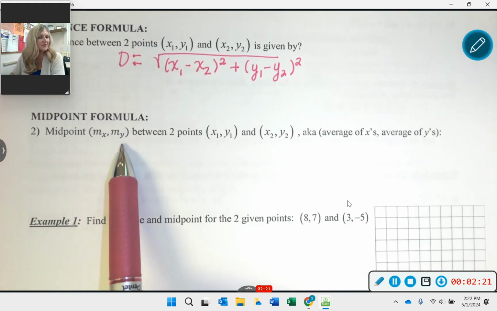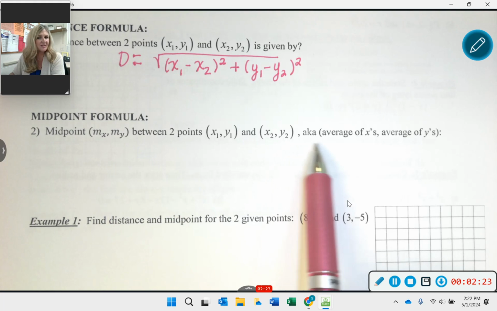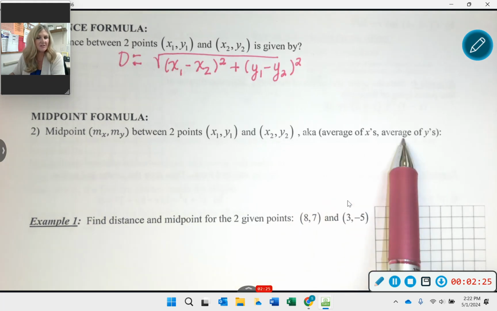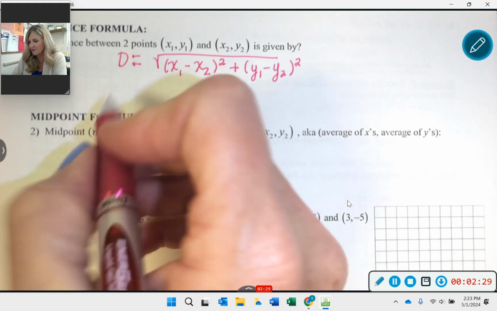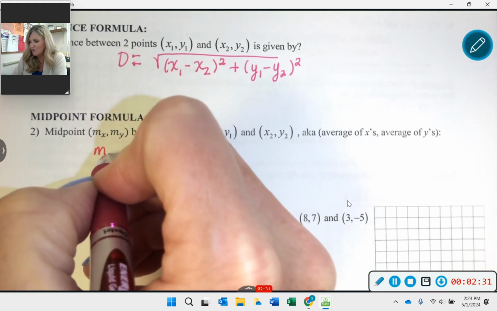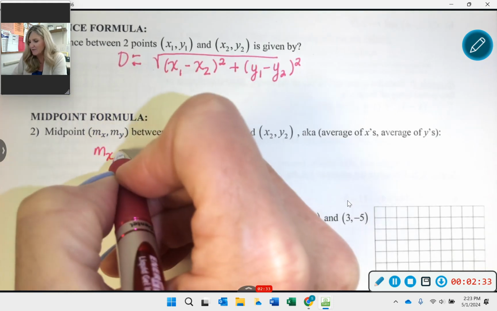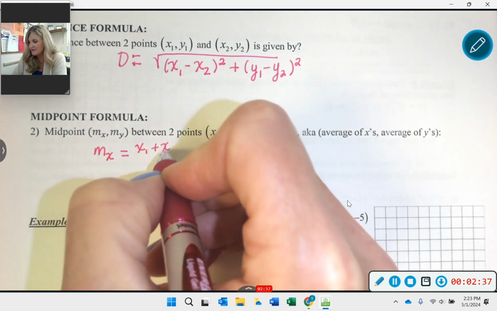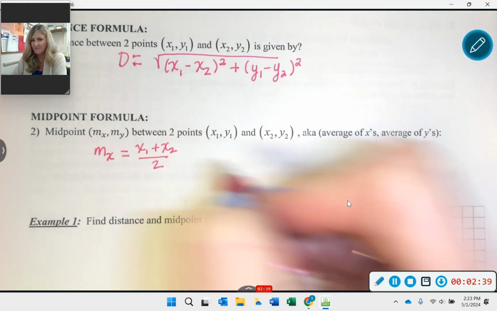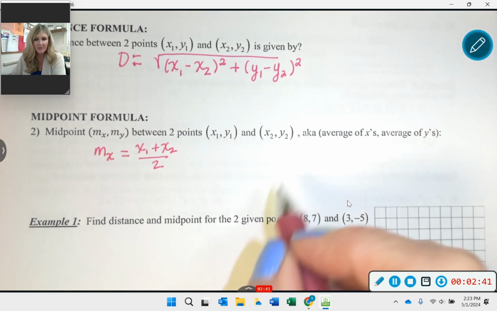Midpoint. I think most of you learned the midpoint formula last year. It's just the average of the x's and the average of the y's. I like to write it a little differently than what you probably saw last year. To find the x coordinate of the midpoint, we add up the x's and we divide by 2. That's how we always find the middle of two numbers.